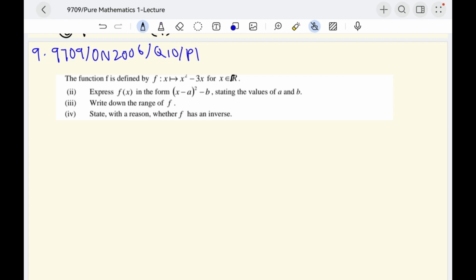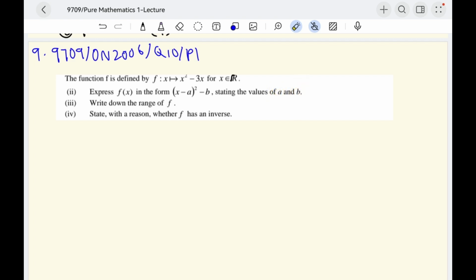There's a mistake in the notation of the real numbers. For the second part, express f(x) in the form (x - a) squared minus b, and state the values of a and b.